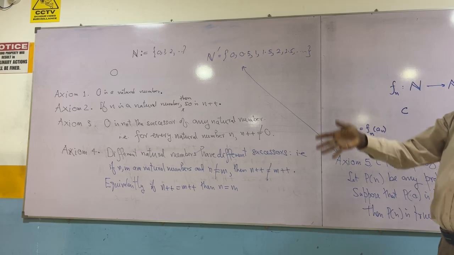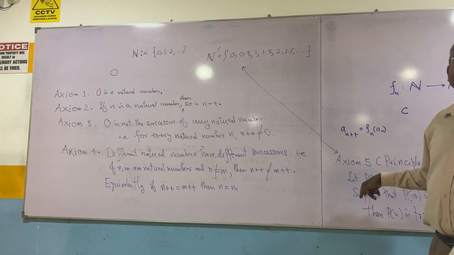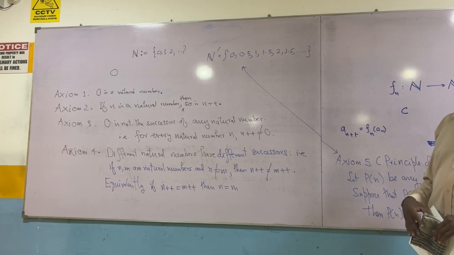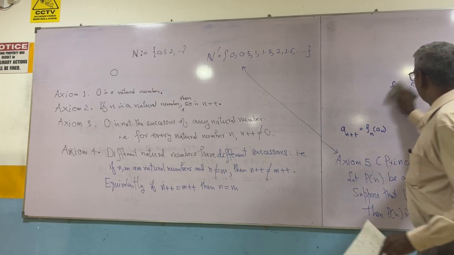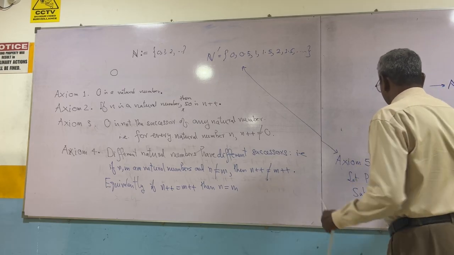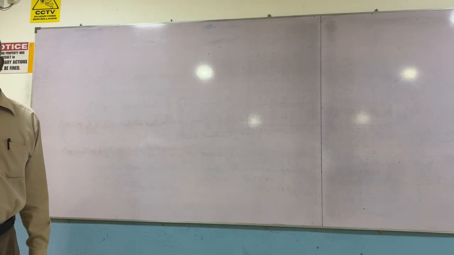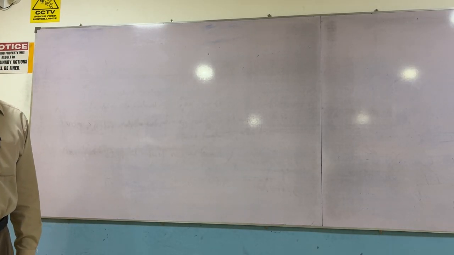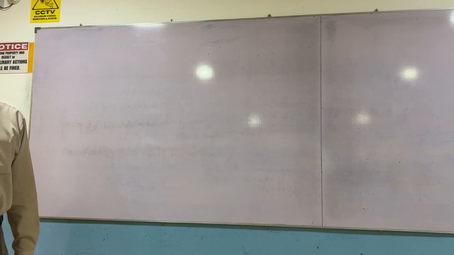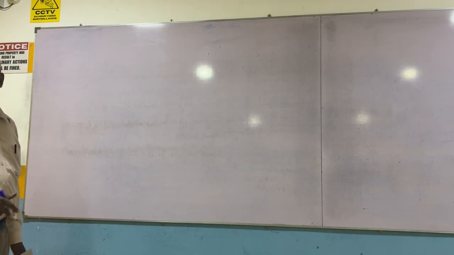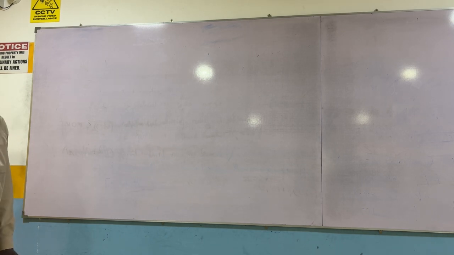Now remember, all you know is about the numbers, so be careful. You have 0, the increment operation, and then these 5 axioms. The last one is the principle of mathematical induction that you heard in your A level also.